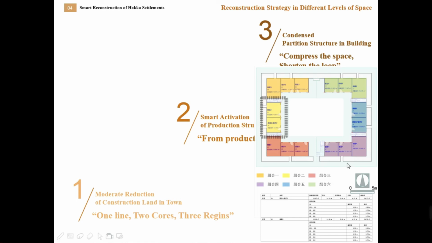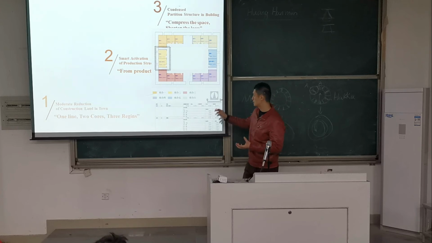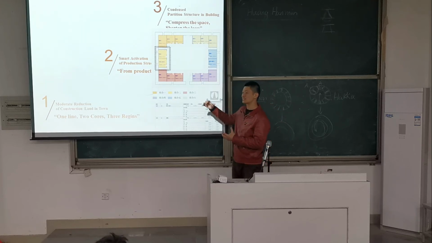Instead of leaving the Tulou as what it used to be, I would like to define different rooms into new functions. Like this is a kitchen plus the eating room, and this is the storage, and this could be the living room. And each unit is enough.